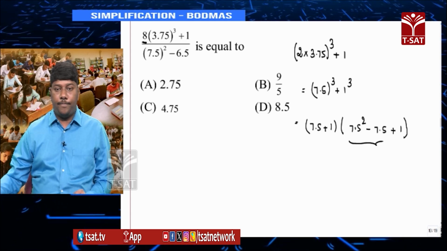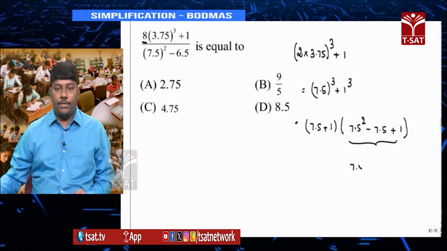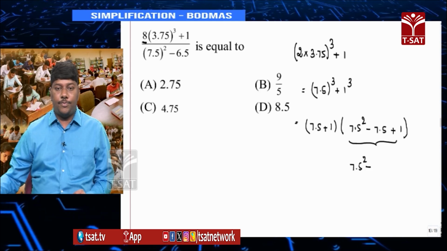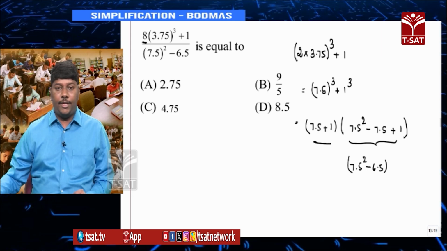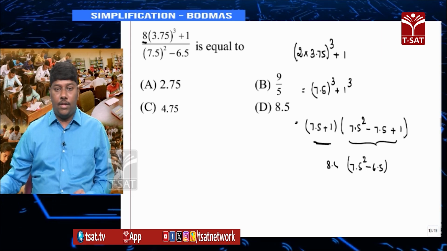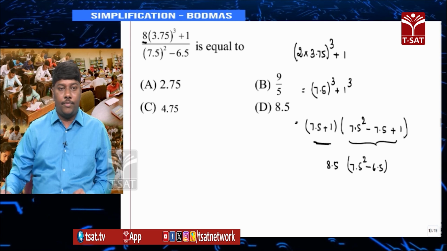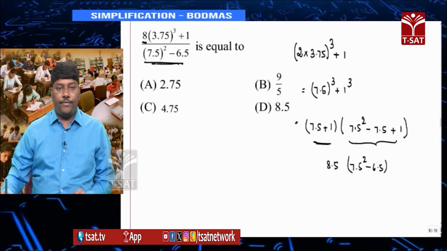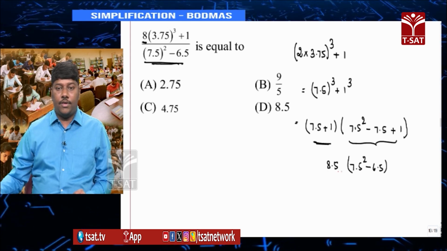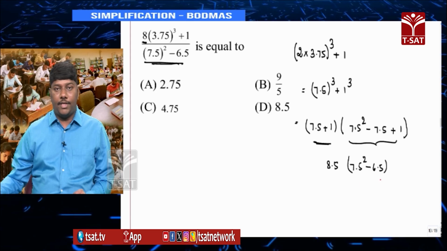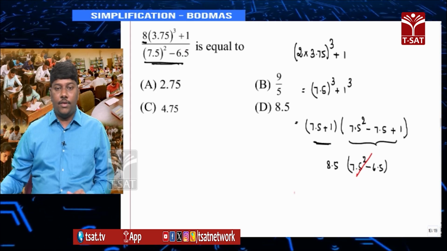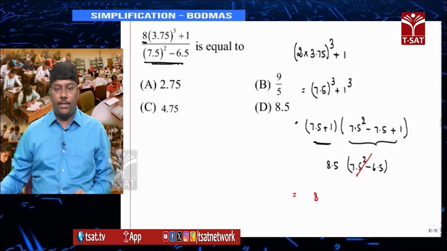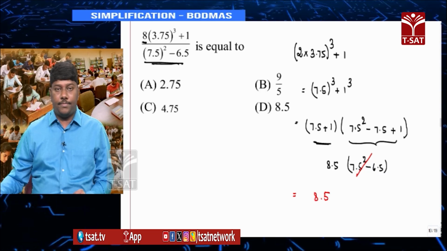So, look at this part, 7.5 whole square minus 6.5 into you have 8.5. Now look at your numerator and denominator. Denominator is 7.5 whole square minus 6.5. So here also 7.5 whole square minus 6.5. So this and your denominator going to cancel. So only will be left with 8.5.